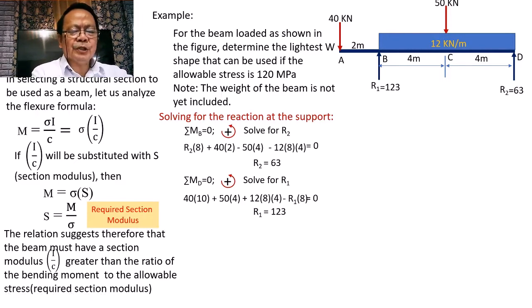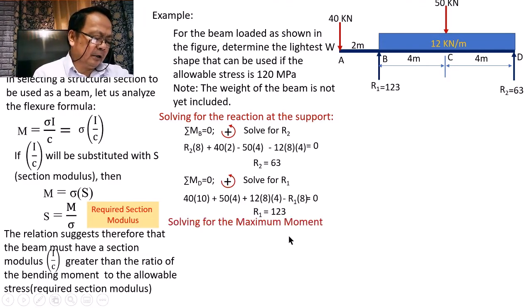Kaya pagkatapos nating ma-solve yung ating reaction at the support, pwede nating ma-solve yung maximum bending moment either by using the shear and moment diagram. Ano? Para masanay tayo, gamitin natin yung very basic procedure approach and we use the shear and moment diagram.